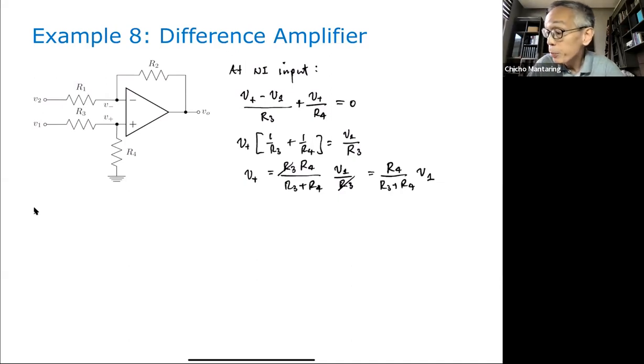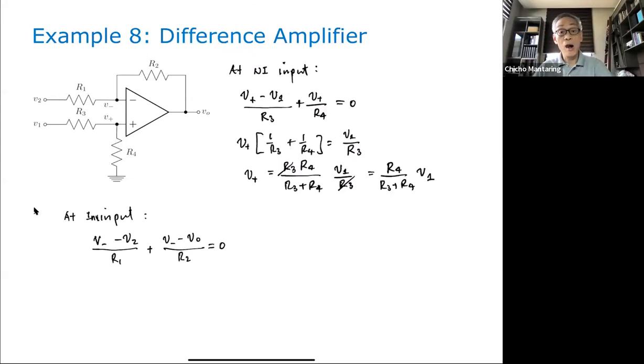Okay, at the inverting input, I have V minus V2 over R1 plus V minus VO over R2. This will give me 0. Let me solve for V minus.